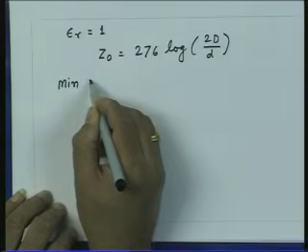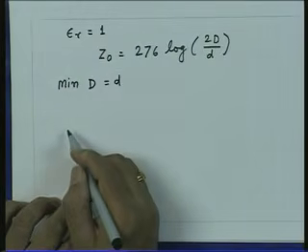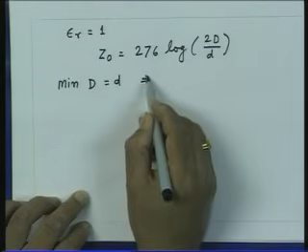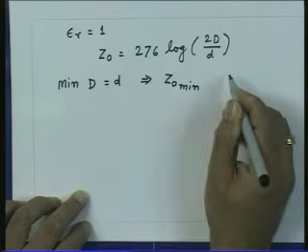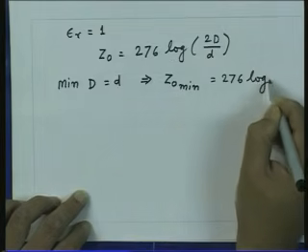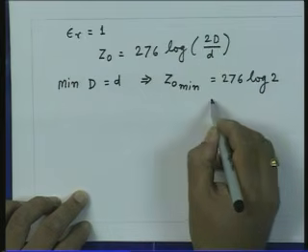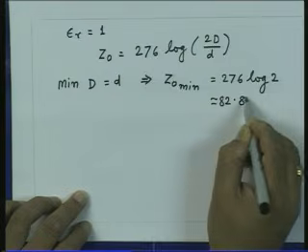For minimum D equal to d, we get Z0 minimum, that is 276 log of 2, approximately 82.8 ohms.